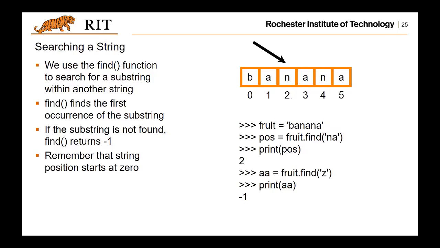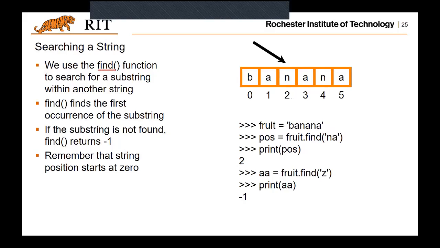Among all these functions, there are some very useful ones, for example, this find function. What it does is take the parameter you give, which could be a substring within the original string, and it will return the index of that substring you are looking for.